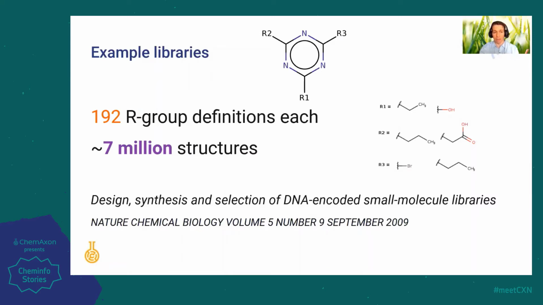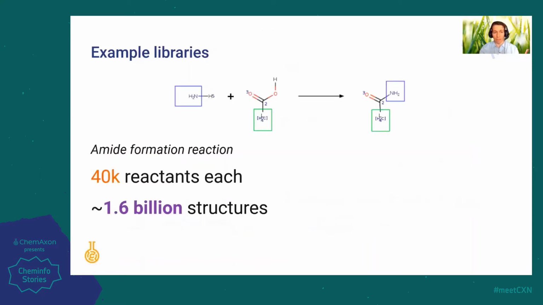So you can see that by only a few definitions, you will get a lot of products at the end. Another example library based on a reaction, we've got only 40,000 reactants for each position. That is not much for a search engine, but together the 1.6 billion structures, yeah, that's very, very large.